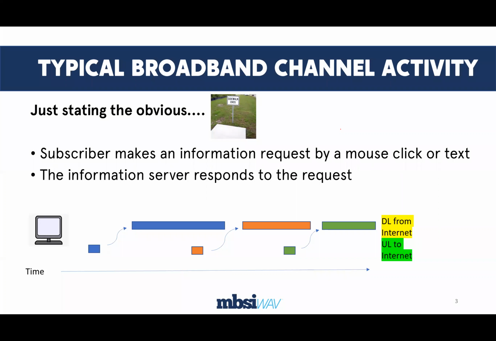But ultimately, from the subscriber point of view and from the access network point of view, there is a request and a response, and every response has been triggered by a request, by and large.